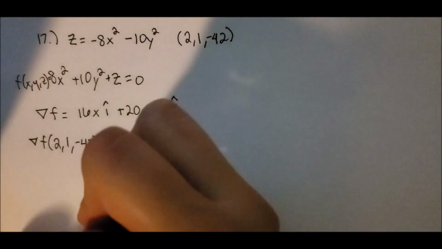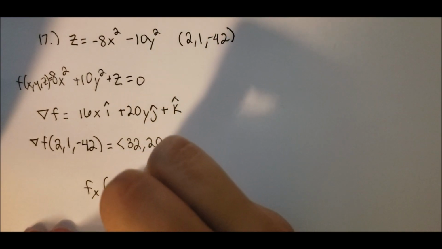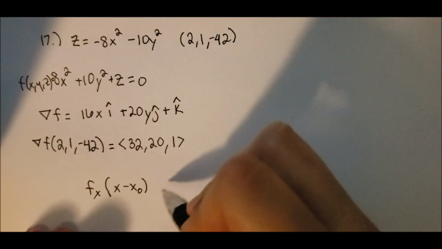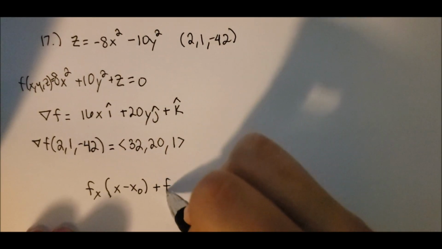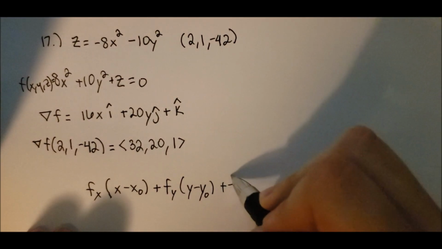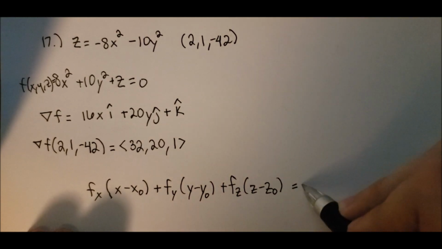And the equation for the plane is the gradient in the x direction times the point in the x direction, y direction, z direction, and it's equal to 0.